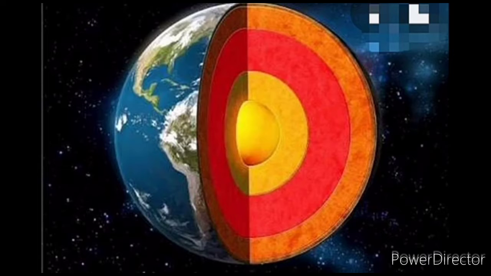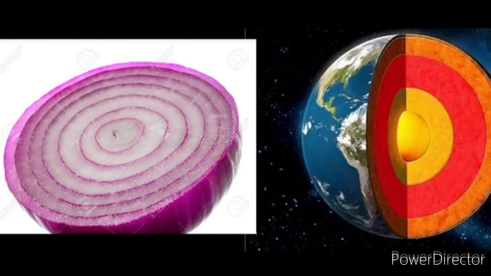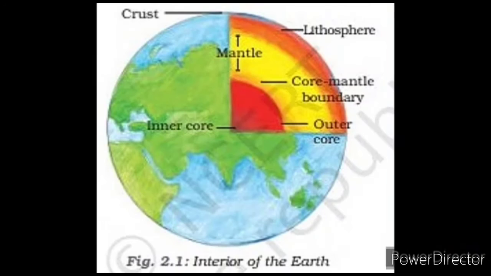As you can see, there are different layers visible in an onion when you have a cross section. Similarly, inside our earth, there are three major layers. The outermost layer is known as the crust. Next to the crust is the mantle, and the innermost is known as the core.